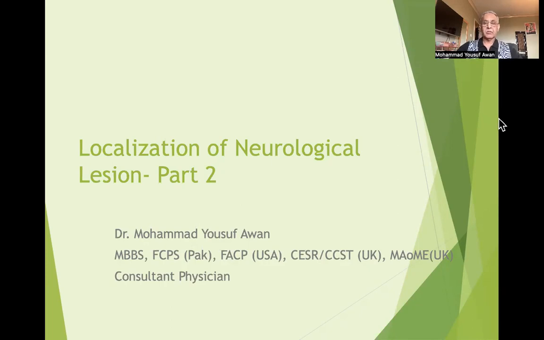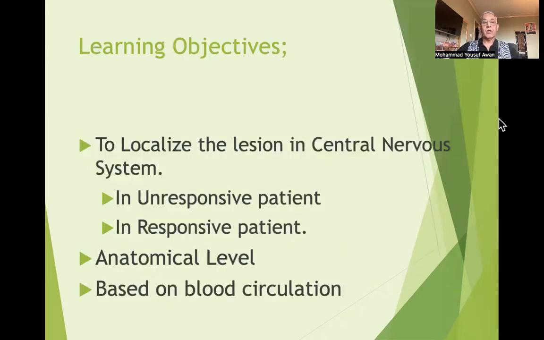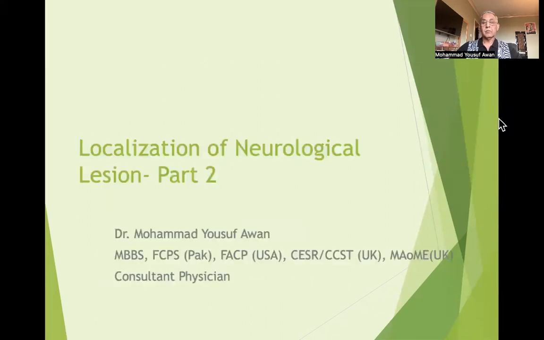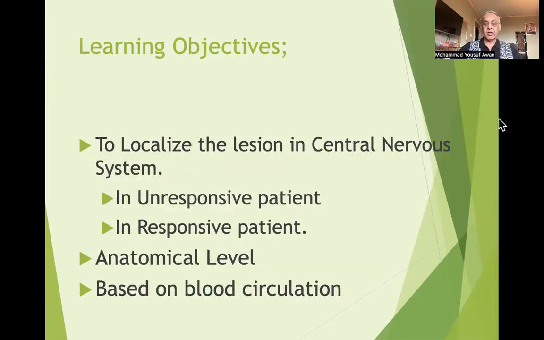This is our second part of this series of 4 lectures on localization of neurological lesion. In the first part, we discussed localization in the unresponsive patient, and we discussed the role of the cerebral cortex and the reticular activating system.